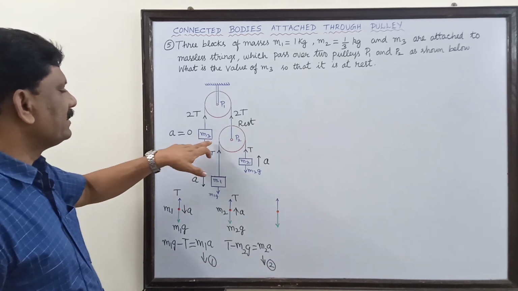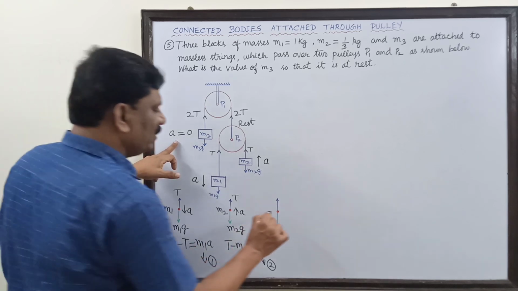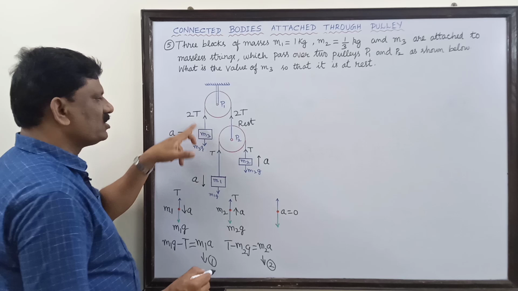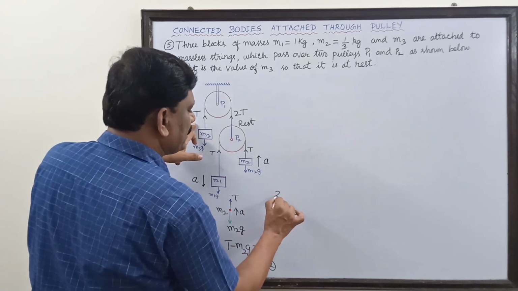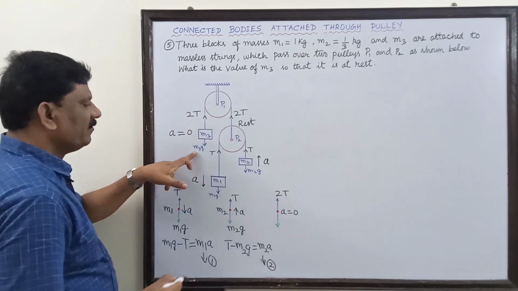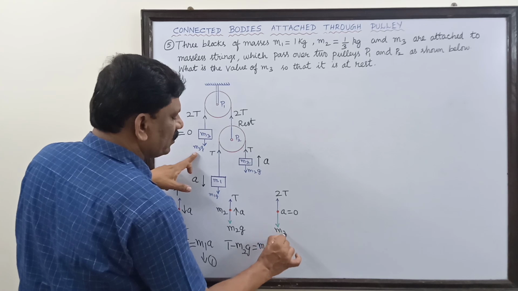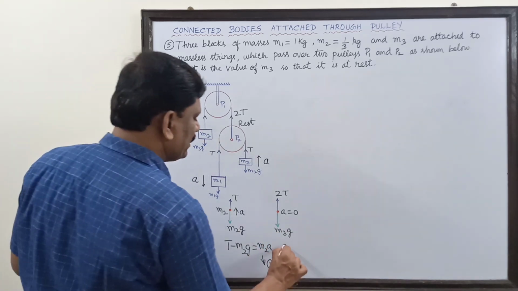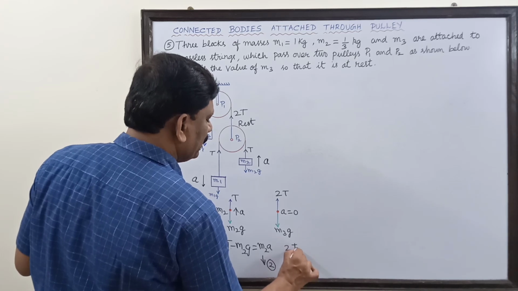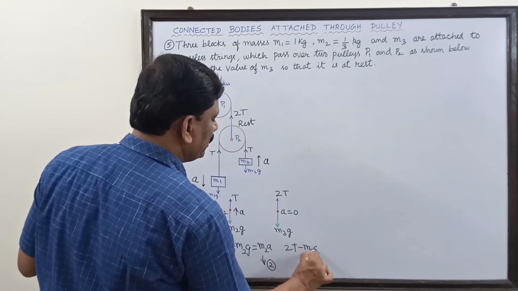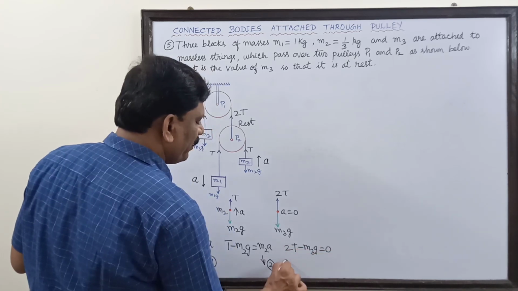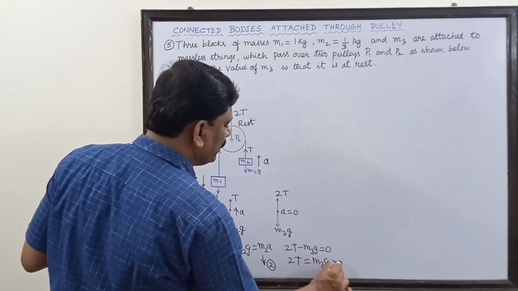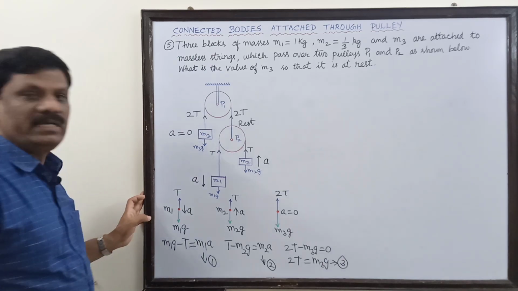Now look at the mass m3 whose acceleration is equal to 0. So here a equal to 0. But the tension in the string is 2T, and the weight is m3 into g. So if you write the equation, 2T minus m3g is equal to 0, or 2T is equal to m3 into g, and this is equation 3.